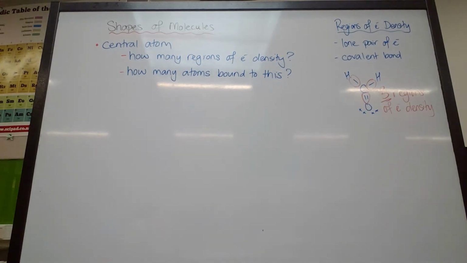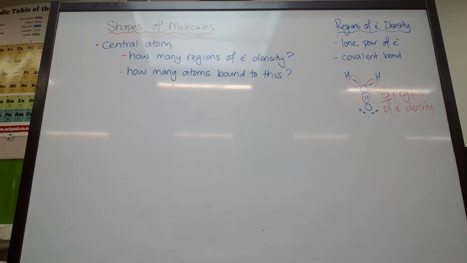And we did a table that I photographed yesterday, where we had regions of electron density, lone pairs, chemical bonds, and so our shape was linear. So that's how we construct that. I'm not going to draw that table up again, but I'm going to use it to show you how we explain the shapes and then how we draw them.